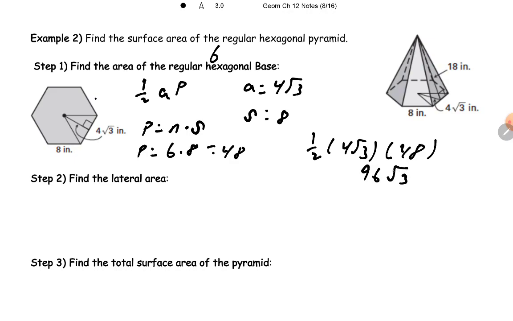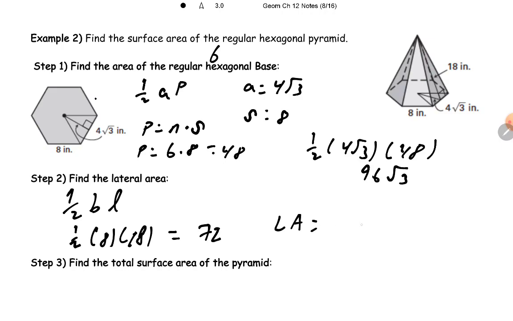Find the lateral area. Okay, so they give us the slant height in this one, and our base is 8. So 1/2 base times slant height. So 1/2 8 times 18, which is 72. Okay, that's one triangle, but to find the rest of the lateral area, you have to multiply that by 6, because there's 6 triangles there.